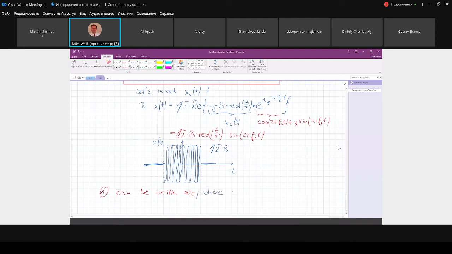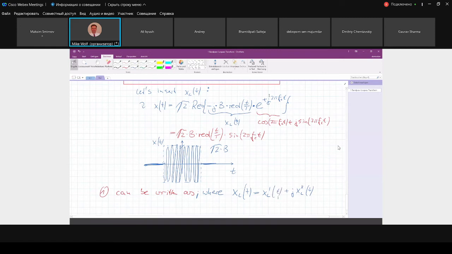We say xL of t, our time domain signal, has a real part plus an imaginary part. So this is our notation to distinguish real part and imaginary part. It's a short notation. Yeah?